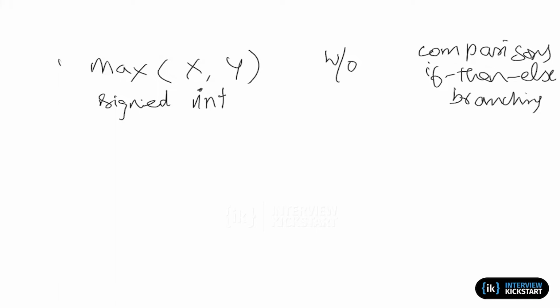When such questions are given with these constraints, no comparison, the first thing that comes to your mind is, are we allowed to do arithmetic? Yes, you can do arithmetic expressions, and you can do bit operations. These are the two things you are allowed to use.